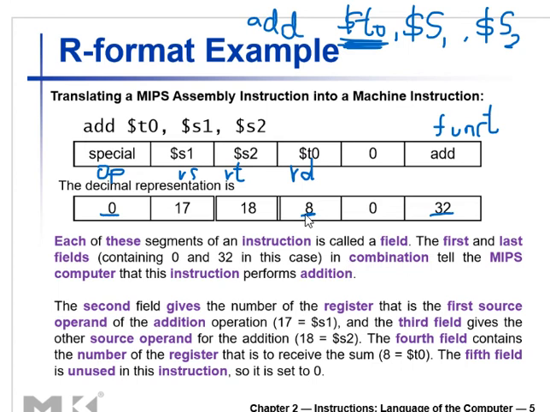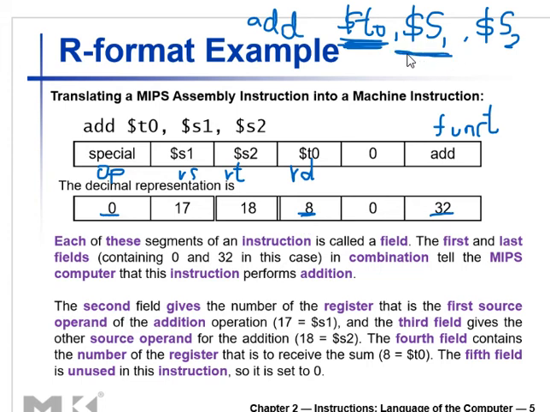Can you see here? How do you get 8? Because, as I mentioned just now, there is an equivalent decimal number for each register. You need to remember that number for each register. And what is register $s1?